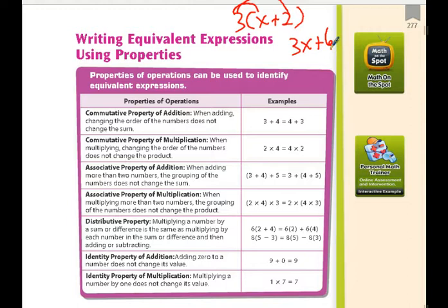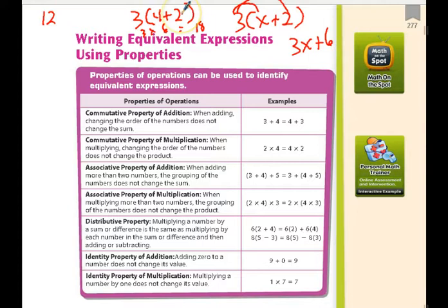Another way to think about it without a variable is if this was 3 times 4 plus 2. So, what's 4 plus 2? 6. So, what's 3 times 6? 3 times 6 is 18. So now if we do it the distributive property, what's 3 times 4?